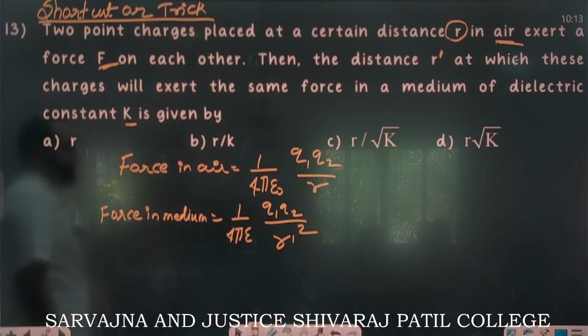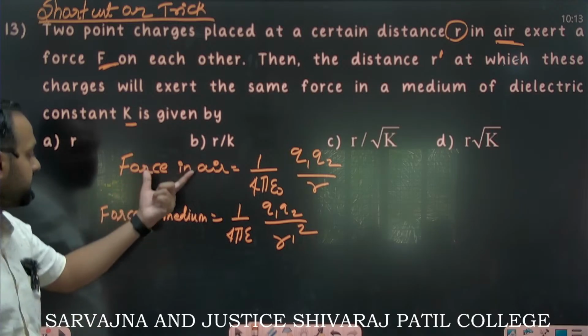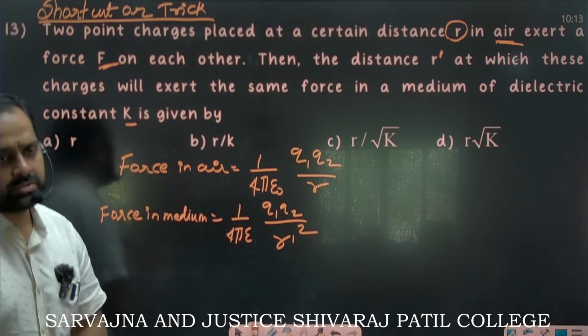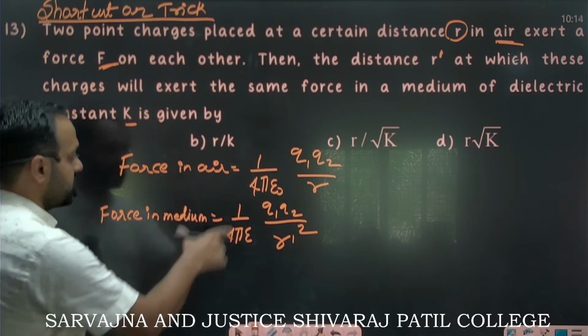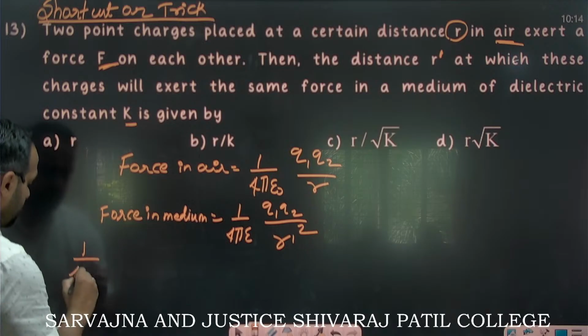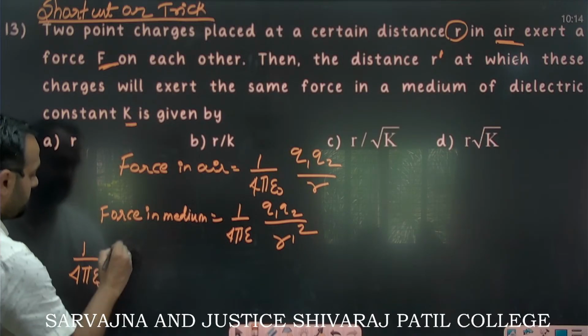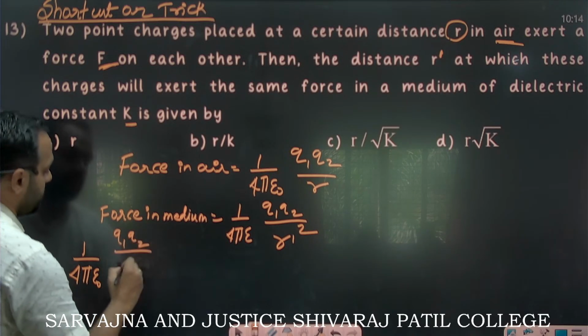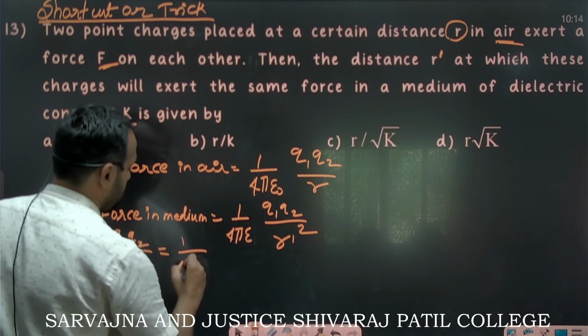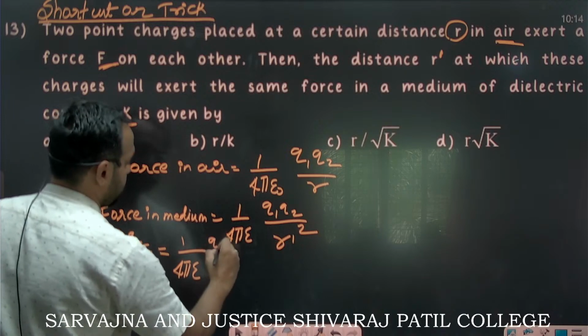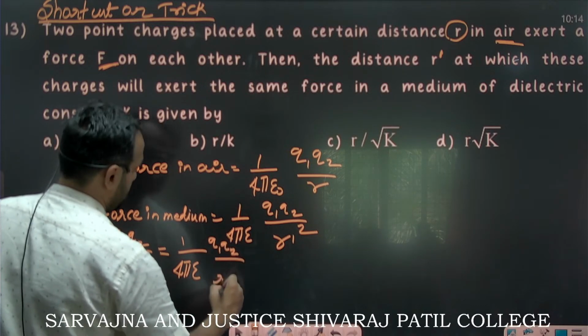What have they said about R dash? In the medium and in air, the forces are the same. Both of them are same. What do you get? 1 by 4 pi epsilon naught Q1 Q2 divided by R square is equal to 1 by 4 pi epsilon Q1 Q2 divided by R dash square.